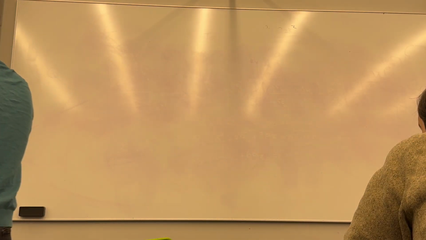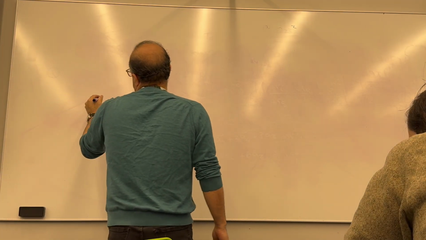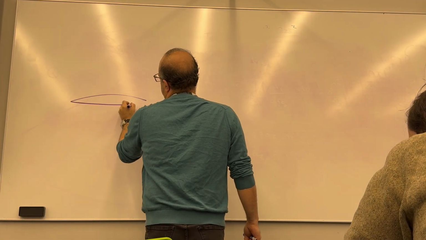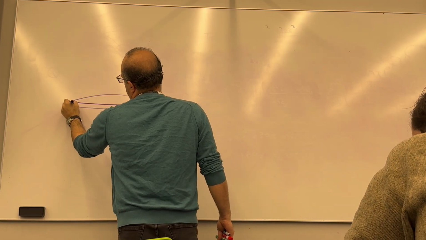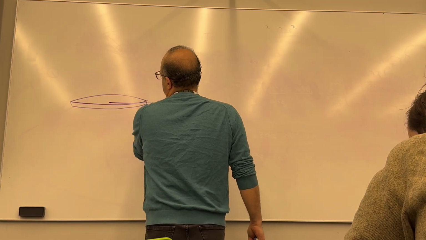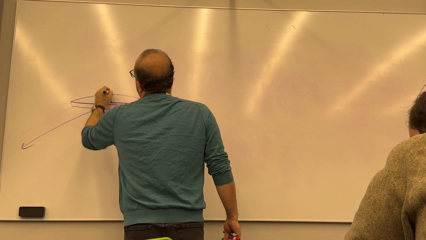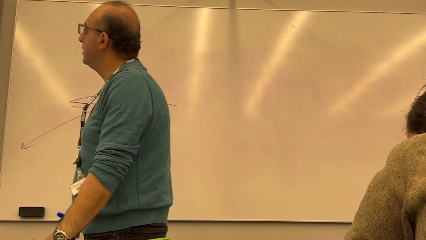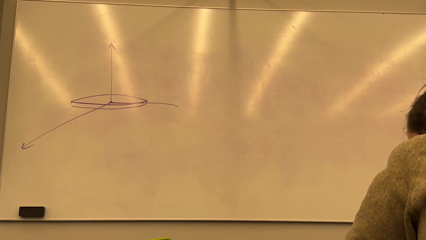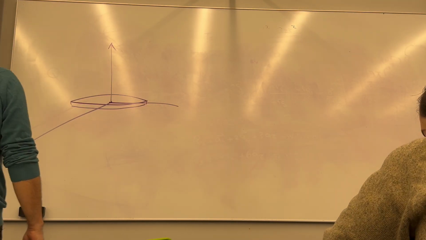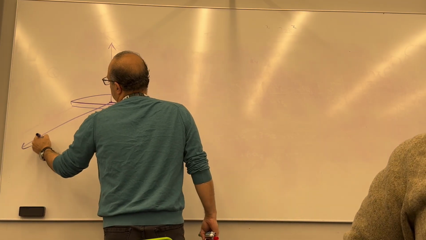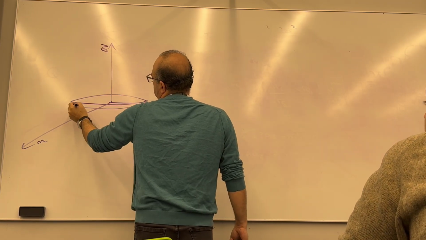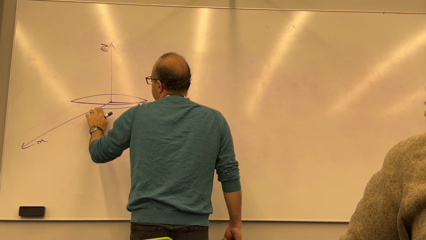A circular disc of radius A located at Z, Z0. Something like this.